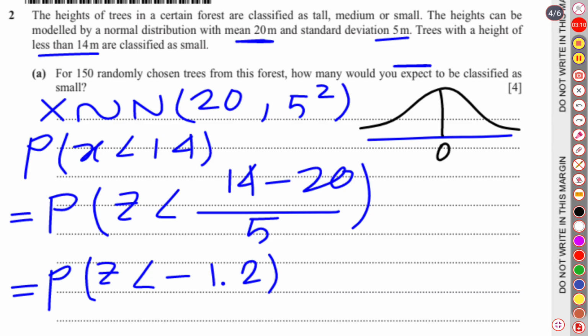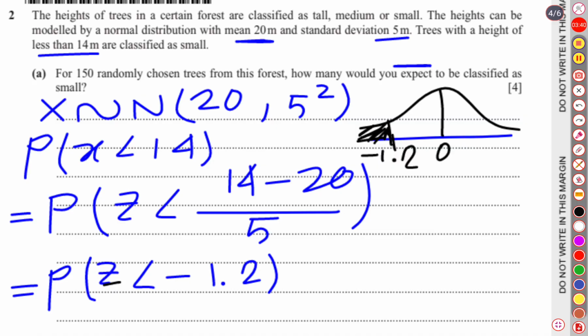Suppose this is 0 and our z score is negative 1.2. That means Z is less than negative 1.2. That means this is the left part, less than negative 1.2. So this portion is our probability to be obtained.